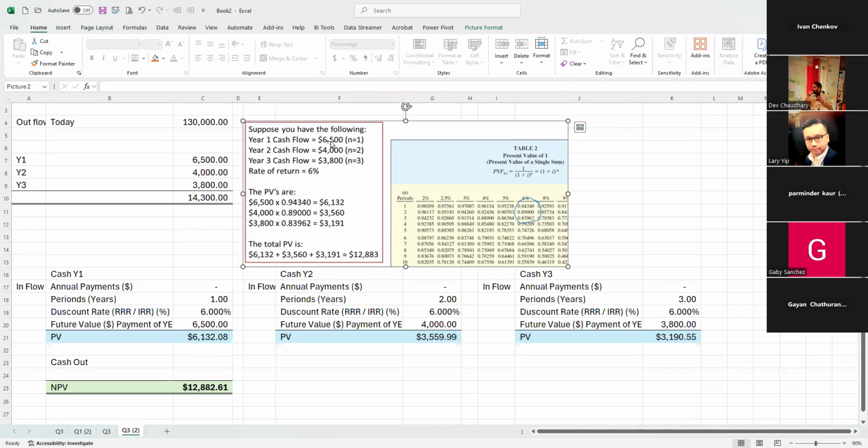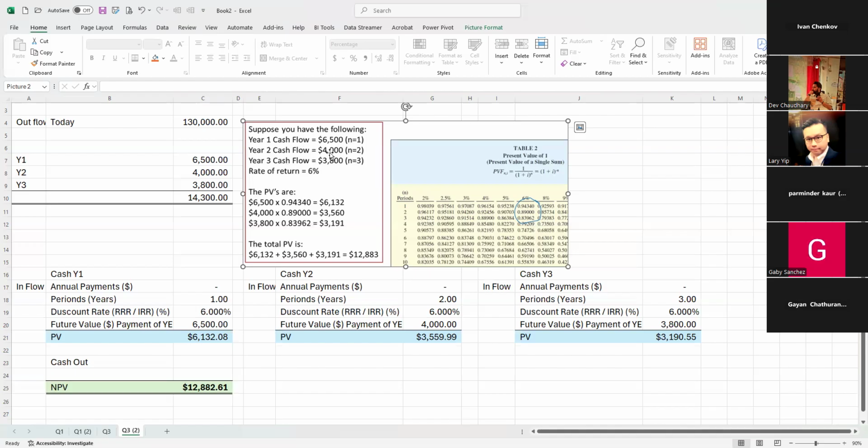Are those annual payments? They're annual payments, but are they the same? They're not. So for that reason, you're treating each of those payments as the payment at the end of the year. So what you're trying to find out is what's the value of 6,500, which is received 1 year from now? What's the value of the 4,000 received 2 years from now?